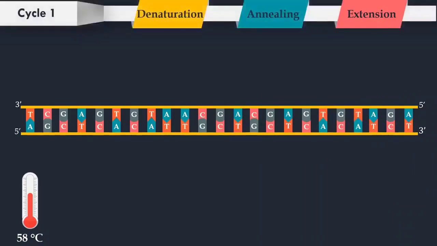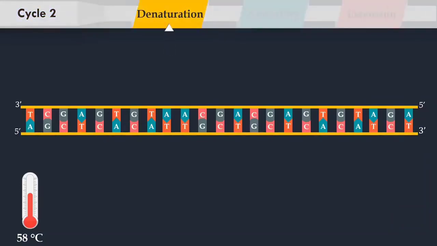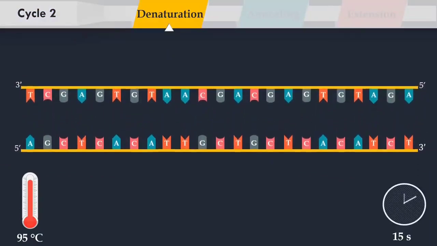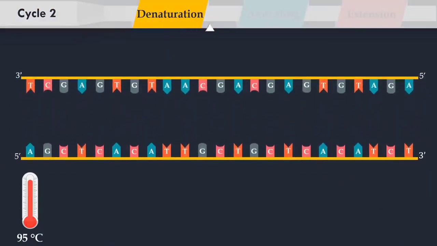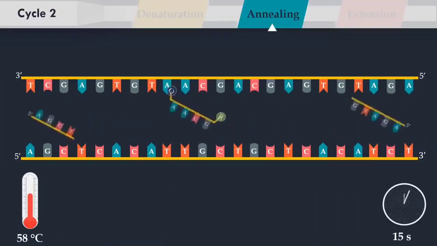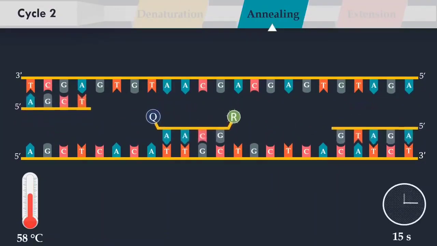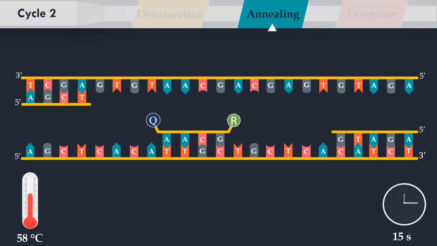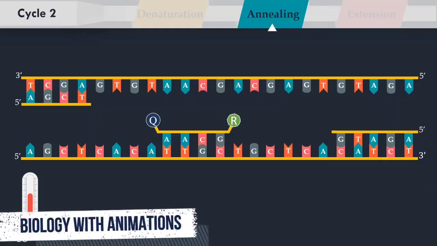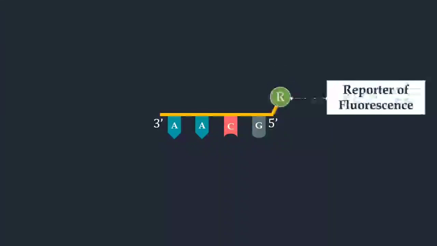After the first cycle, the double-stranded DNA target is obtained. Then, the denaturation of this double-stranded DNA is performed, yielding 2 single-stranded DNA molecules. In the next step, the reaction temperature is lowered, allowing annealing of the primers to each of the single-stranded DNA templates and annealing of the TaqMan probe to its complementary part of the target DNA. The TaqMan probe consists of a fluorophore covalently attached to the 5' end of the oligonucleotide probe.